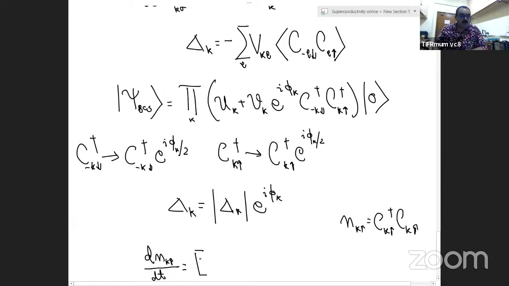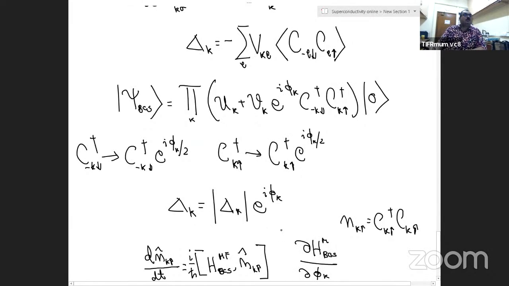You will calculate using the Heisenberg equation of motion. And then you also calculate this derivative. So calculate these two quantities, see what you get, and from that deduce what's the relation between number and phase.